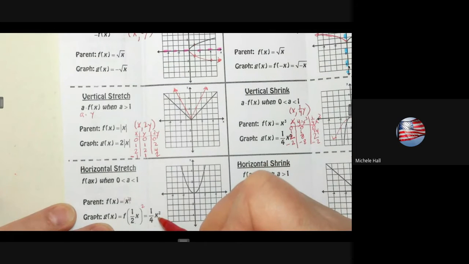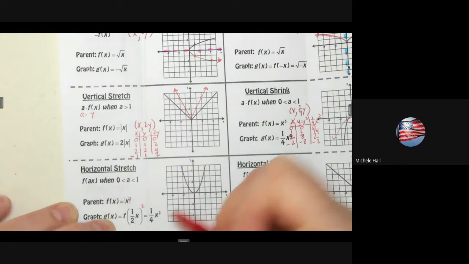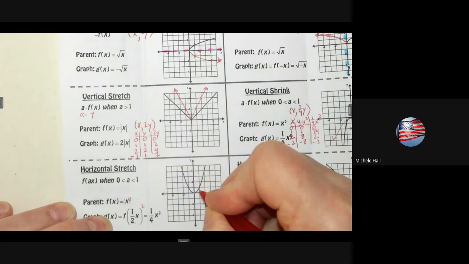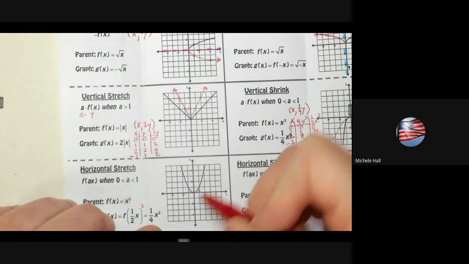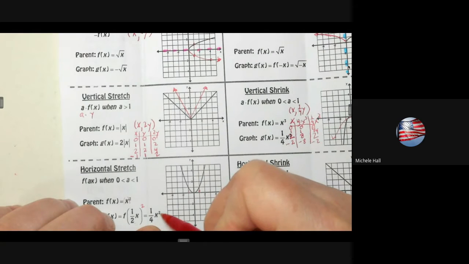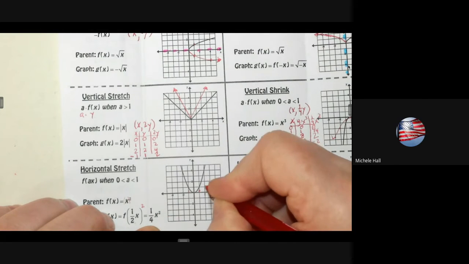When x is 1, we get 1 times 1/4 is 1/4, coming down here, and that would be true for -1 as well. And when we have x is 2, we get 2 squared is 4, and then 1/4 of 4 would be 1. So at 2, it's 1.